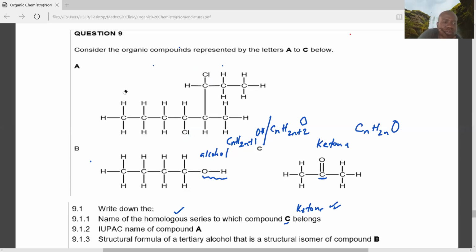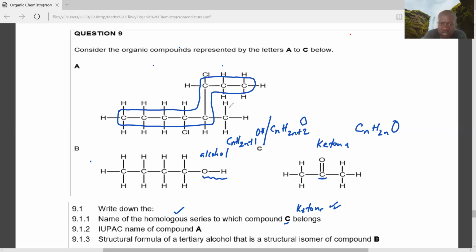What do you do? Choose the longest chain. 1, 2, 3, 4, 5, 6, 7, 8. So the longest chain will be this one. After choosing the longest chain, we have to identify any branches.